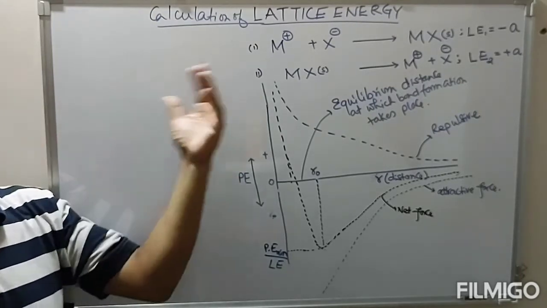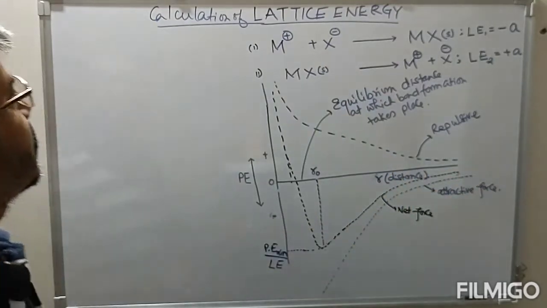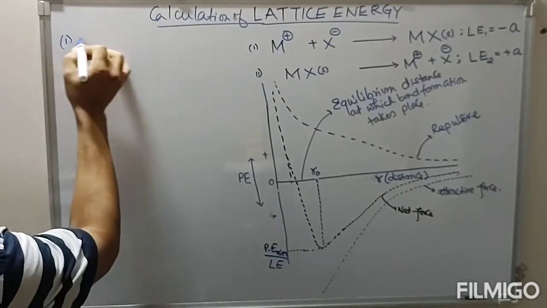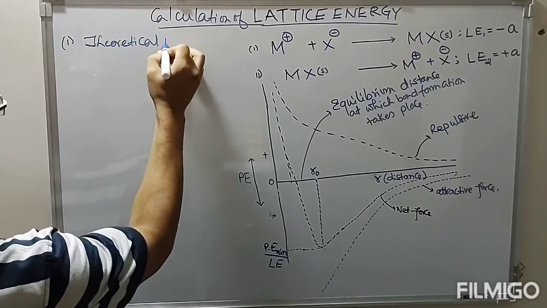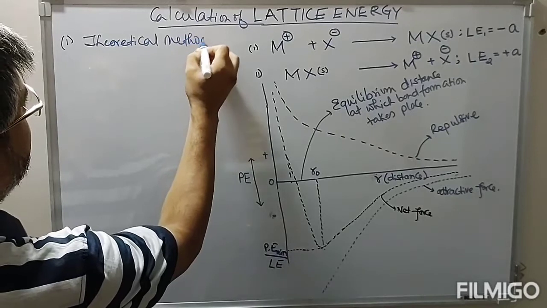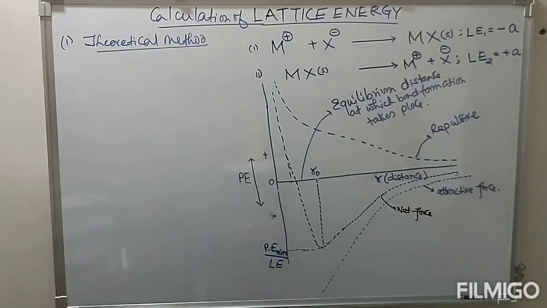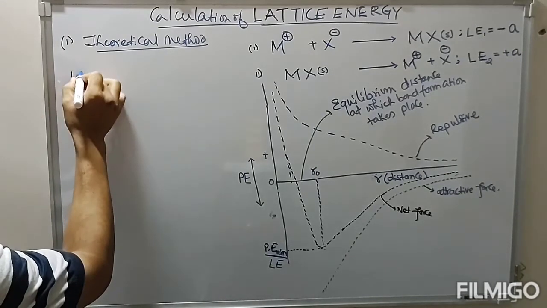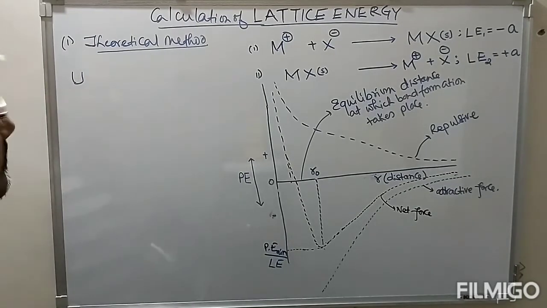One is known as the theoretical method, the other one is known as the experimental method. Now coming to the theoretical method for calculation of lattice energy. In some of the books we define this lattice energy as U. So I'll make this U the lattice energy.